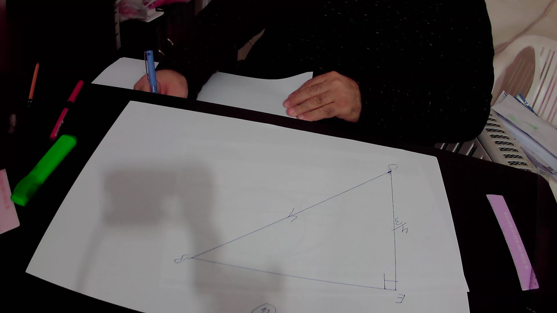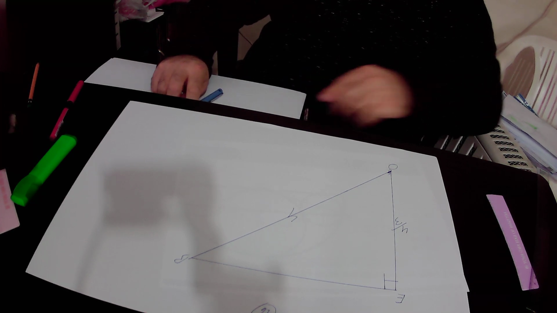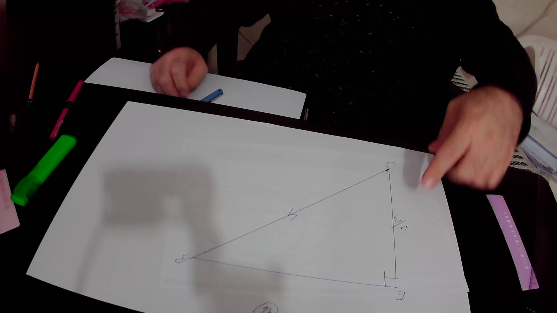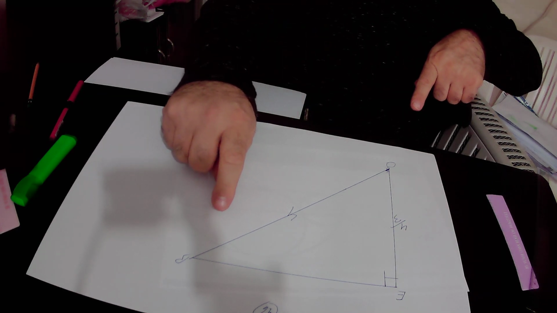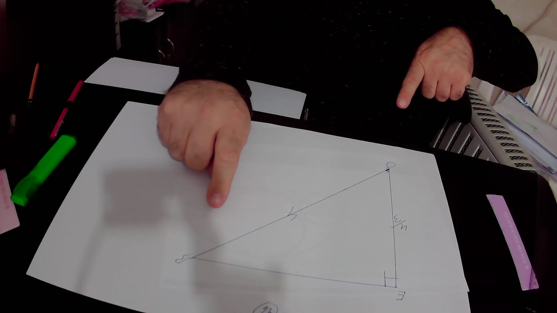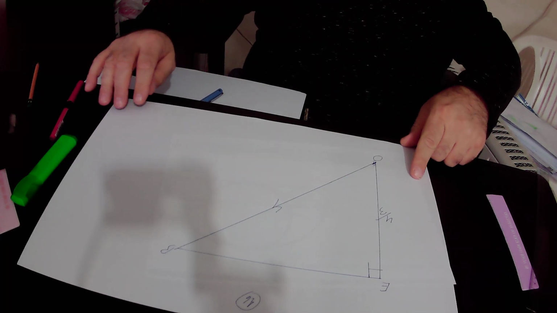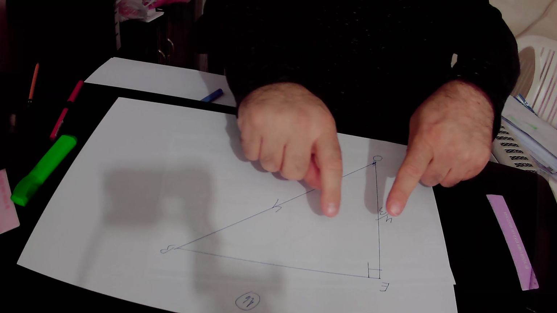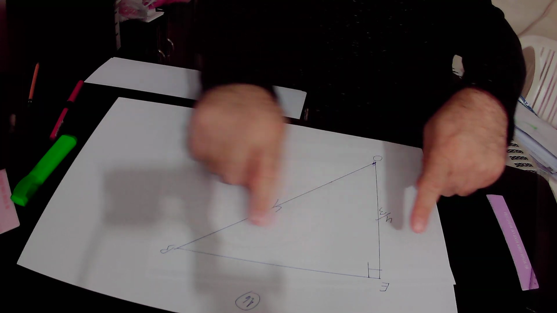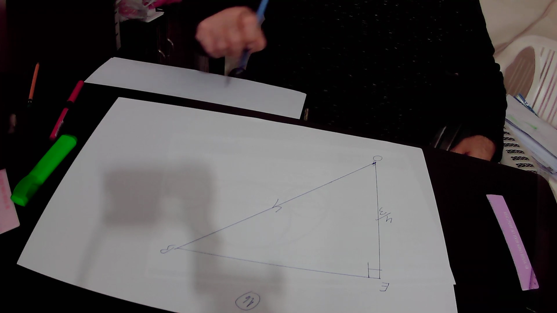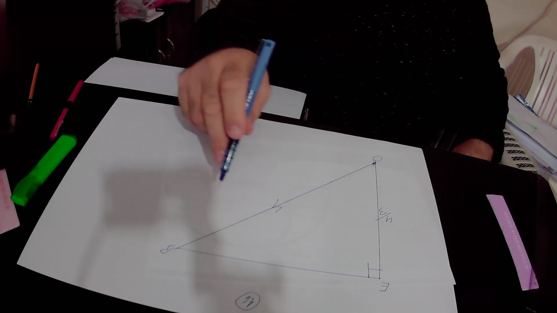We've already found out that OE equals 4/3 units, and OB is the radius of the semicircle, it equals 4 units. And the only thing that is missing is the length of side EB. We will use the Pythagoras theorem in order to find out the length of EB.